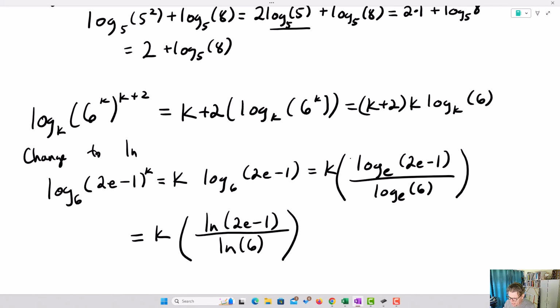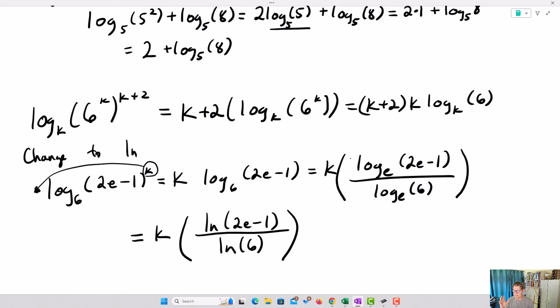I'll tell you a couple things that I thought to myself as I was working here. First, before I did my change of base, I brought out that k. There are different ways to go about approaching multi-step logarithm problems or even multi-step exponential problems. But I think probably the first thing to do is to utilize the multiplication property first. Then I use change of base, and then after that, I'm going to do either my addition or my subtraction property.